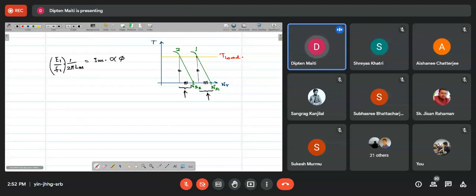And usually this E by F is maintained so that the flux remains at its maximum or rated value, so we can get the maximum amount of torque for the current. We would see later that if we keep the flux constant, we can get maximum torque for a given amount of current.